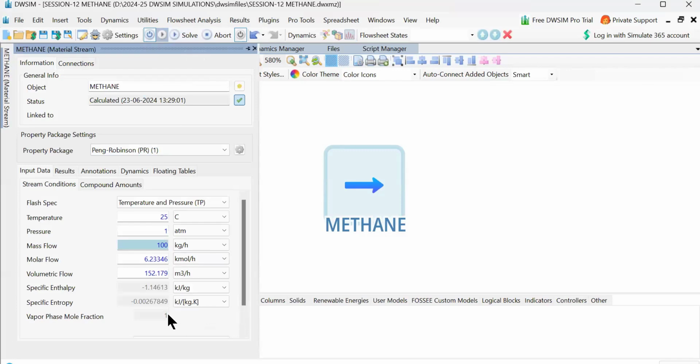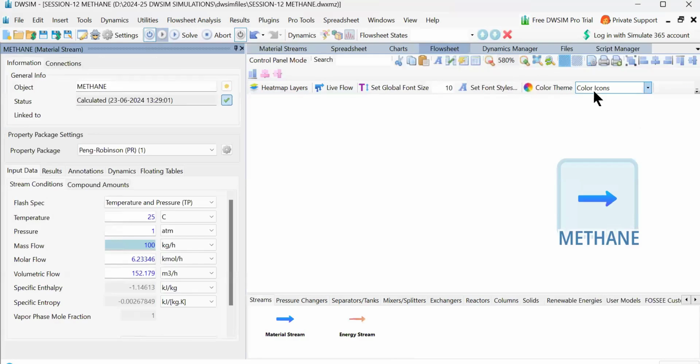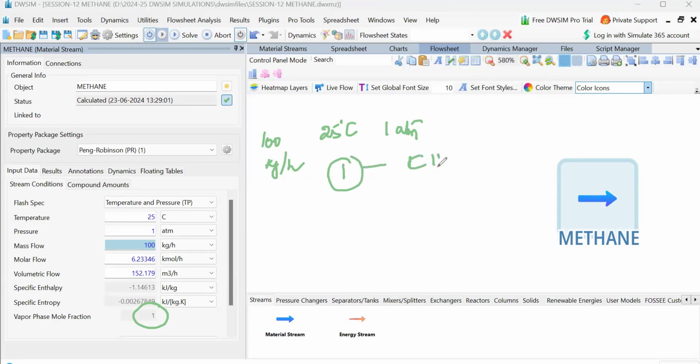But if you see this, you can check here, the vapor phase mole fraction is 1. That means at 25 degrees centigrade, 1 atmosphere with a flow rate of 100 kgs per hour, the vapor phase mole fraction is 1. That means methane is completely vapor. That is what it is telling us.